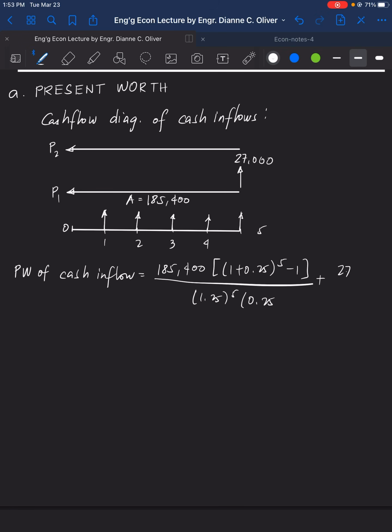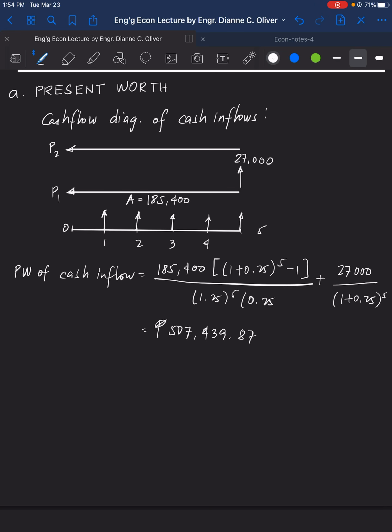That is 27,000, all over 1 plus 0.25 raised to 5. So what is the present worth of cash inflow? That is 507,439.87. So that is for cash inflow.